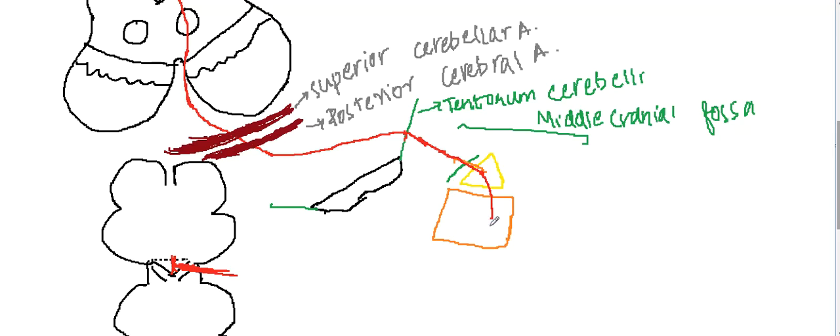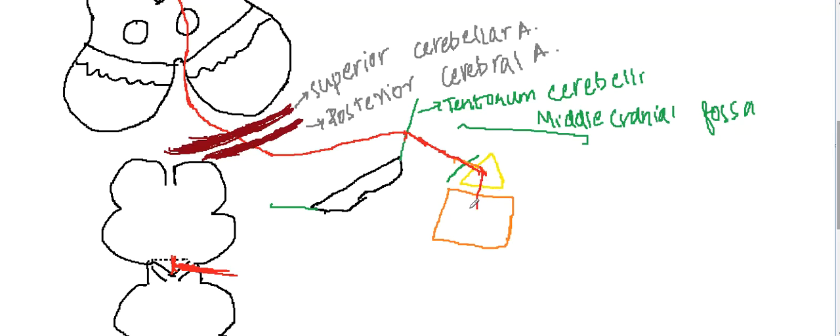It is in the roof, but it will enter the lateral wall of the cavernous sinus. So think that this is the lateral wall of the cavernous sinus.